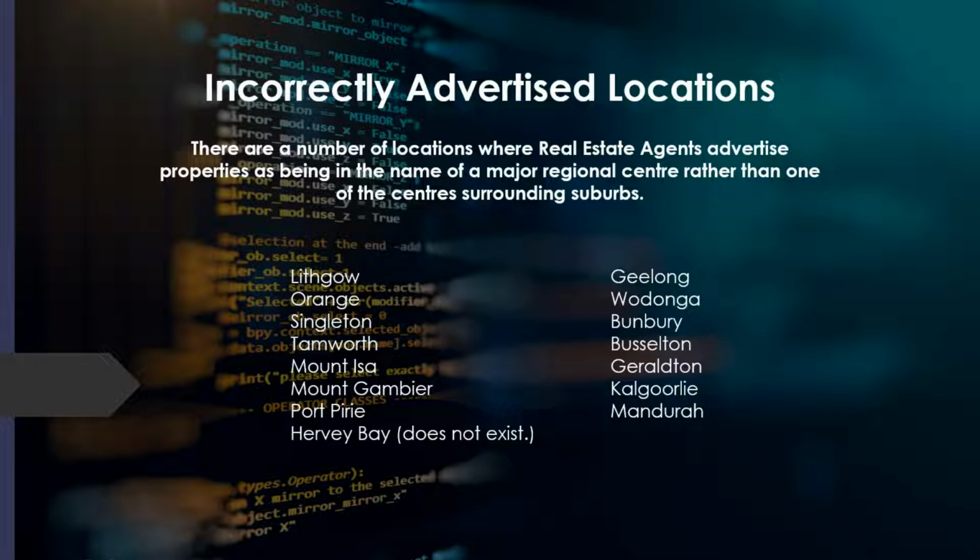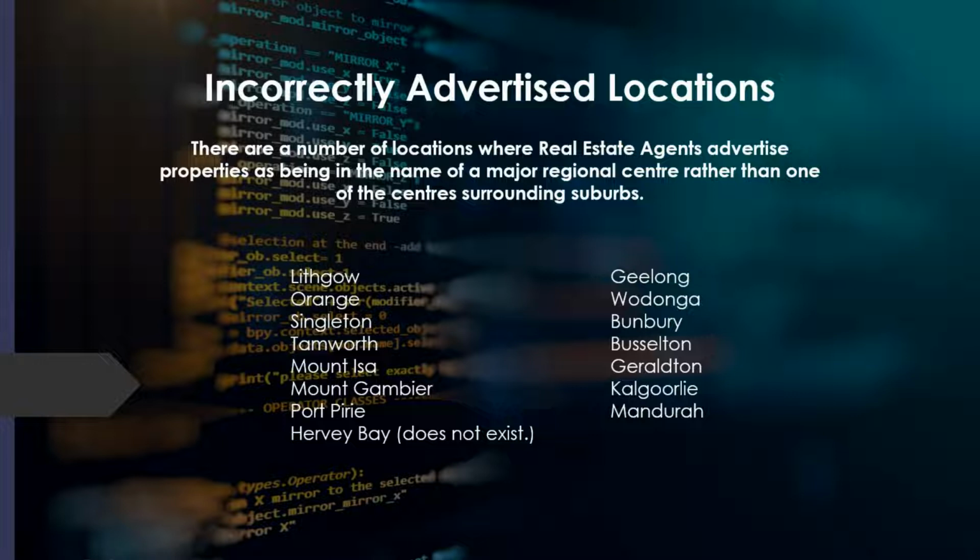For example, in Tamworth, on the day that I created this video, there were 120 properties advertised as being in Tamworth, but actually only 15 were in Tamworth itself. All of the others, the other 105 properties, were all in the surrounding suburbs.